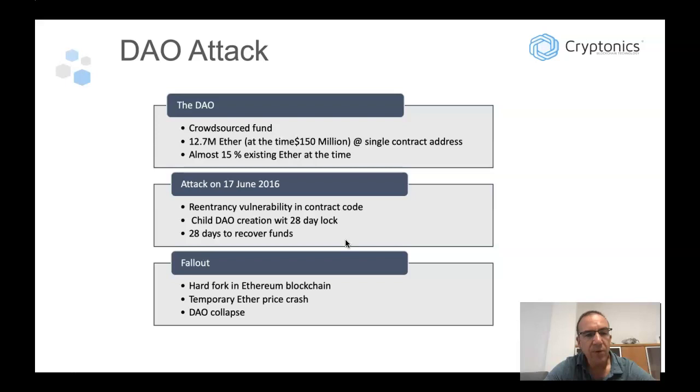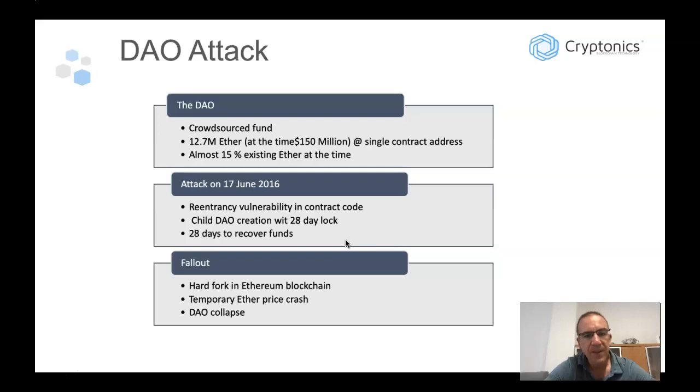So the DAO was sort of a crowd-funded investment fund where people put their money into a smart contract and then voted on what the money should be spent on, in terms of startup funding in this case. And DAO just means decentralized autonomous organization, which is an interesting concept in itself, because it's sort of a company run autonomously on the blockchain.